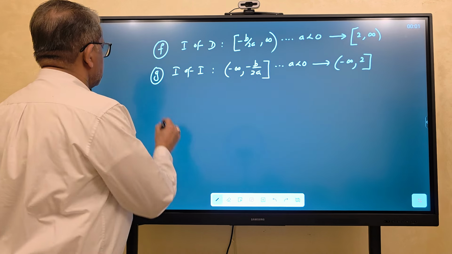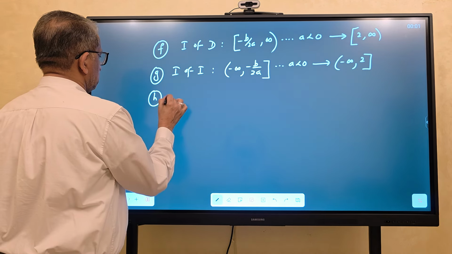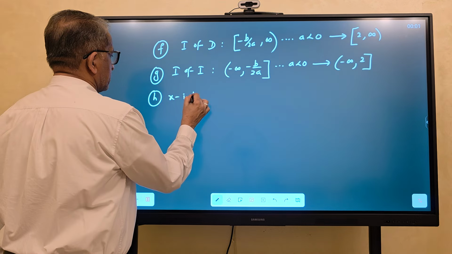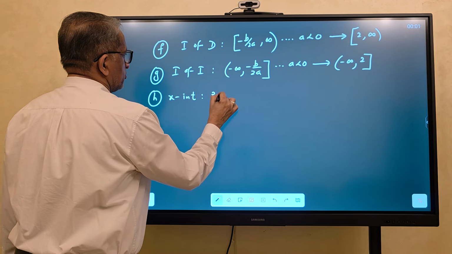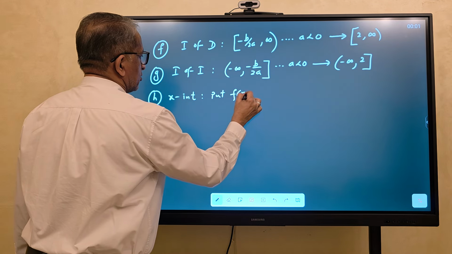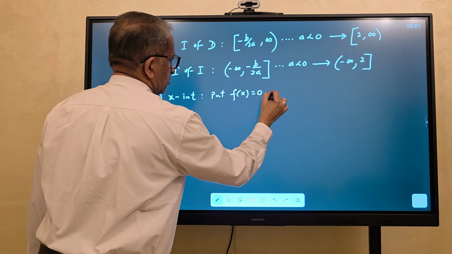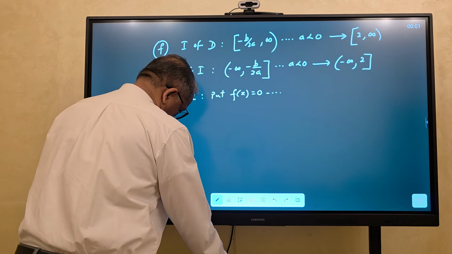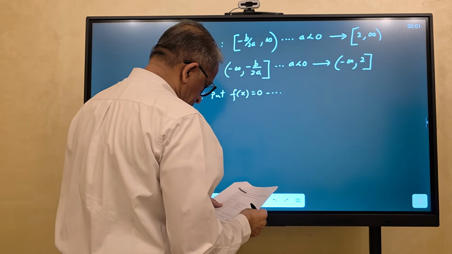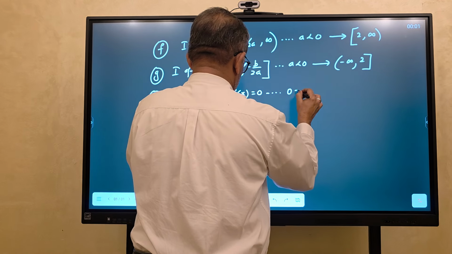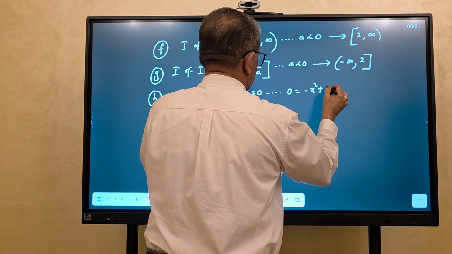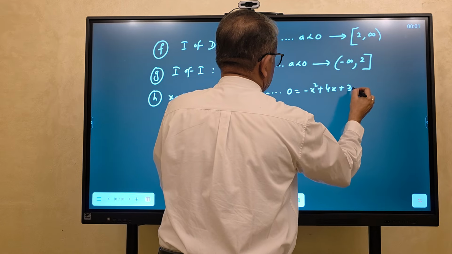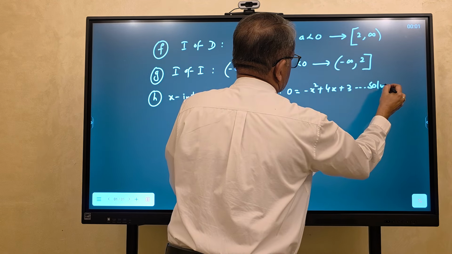Then we have the x-intercept. X-intercept means you put f(x) equal to 0. What is your equation here? The equation becomes 0 equal to minus x square plus 4x plus 3, and we solve this.